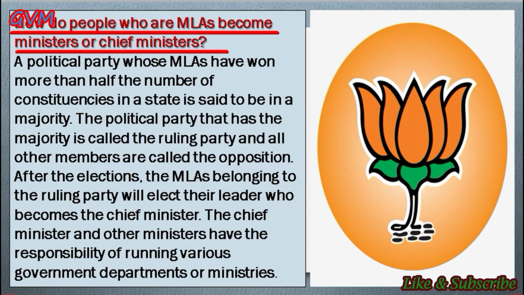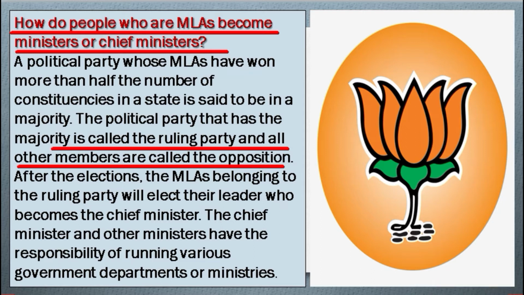And the political party that has a majority in a state is called the ruling party, and the other members are called the opposition. And students, after the elections, the MLAs belonging to the ruling party will elect their leader, who then becomes the chief minister of the state.